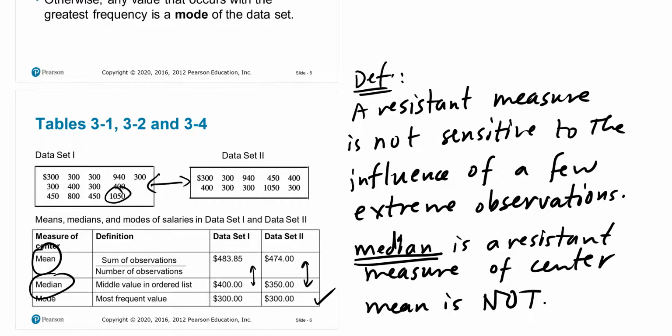Read the definition again, it's kind of backwards. A resistant measure is not sensitive to the influence of a few extreme observations. Since the median is not affected by the values when we increase or decrease them, that's why it's a resistant measure. But the mean gets affected, that's why it's not a resistant measure. These two pieces of information are good to keep in mind.